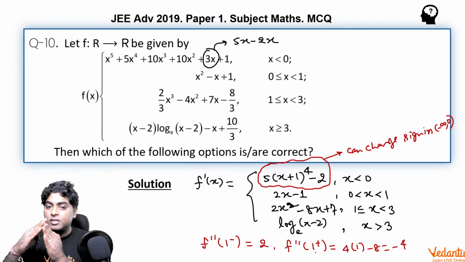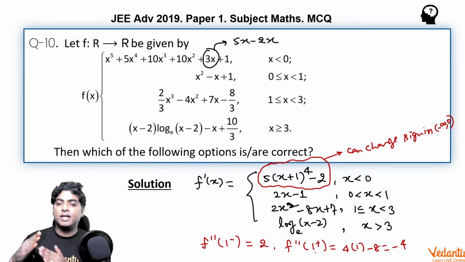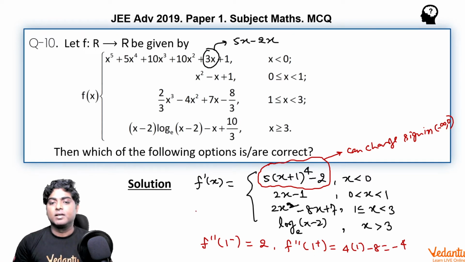Function f dash is not differentiable at x equal to 1, but it will show a point of local maxima at x equal to 1, because on the left of 1 the LSD is positive, and the RSD is negative. At x equal to 1, f dash was continuous, but not differentiable. There would be a sharp corner, a point of local maxima at x equal to 1.